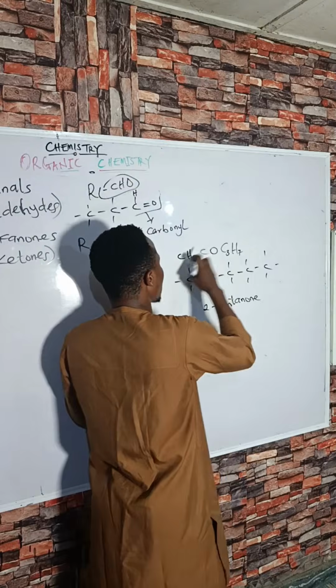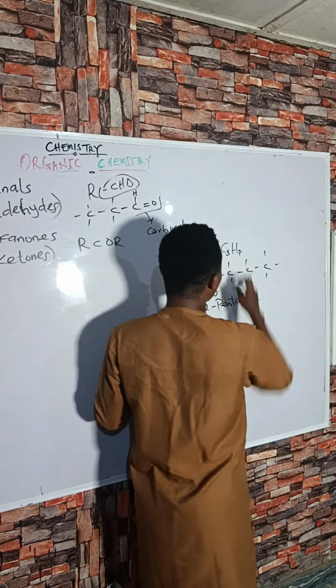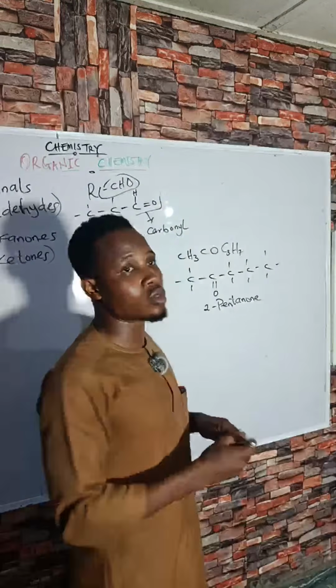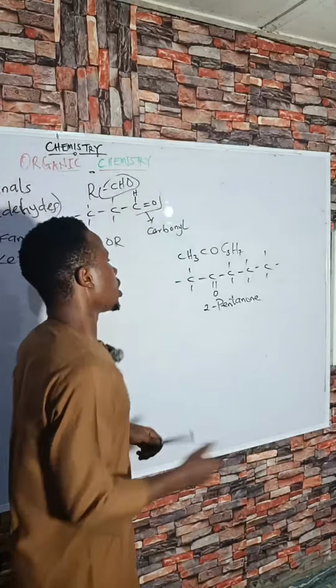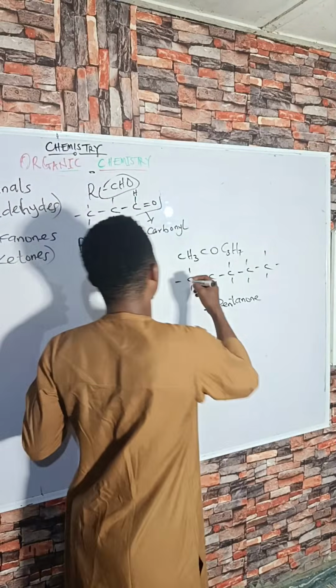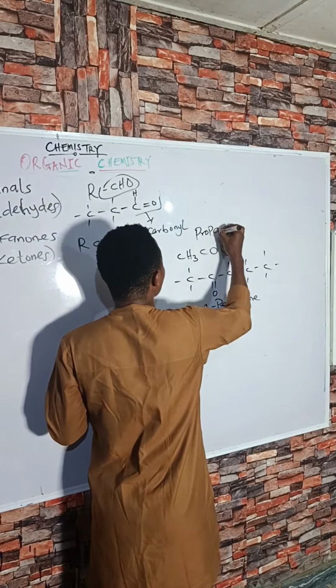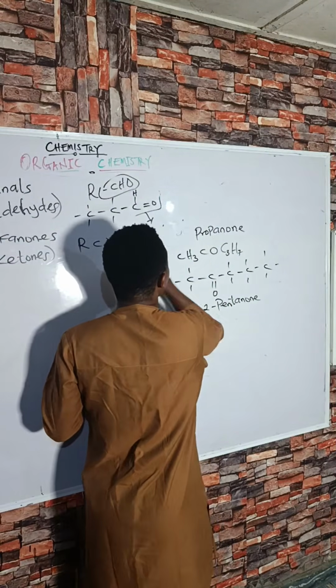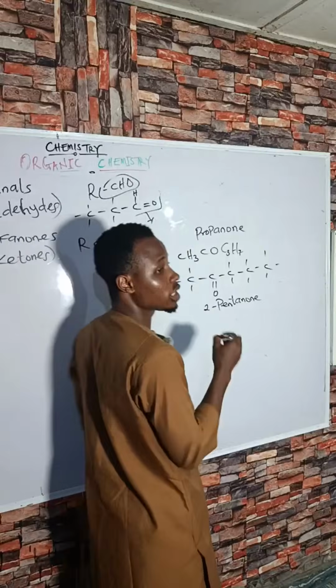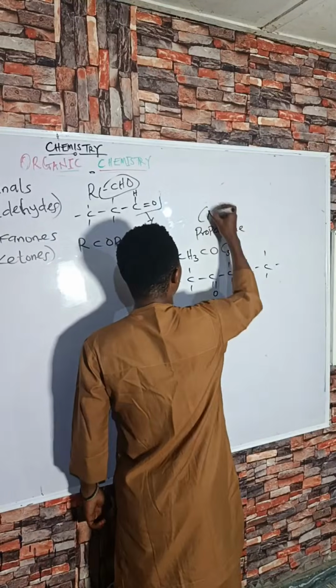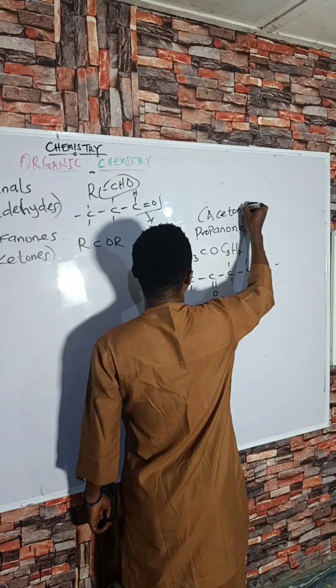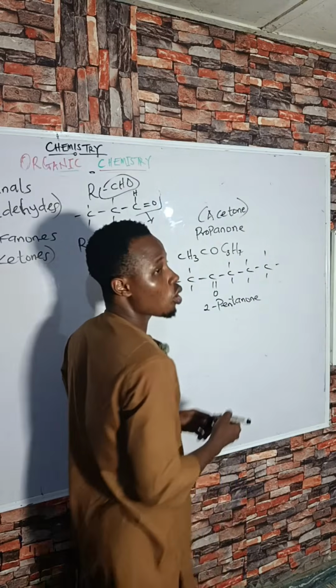So anytime you are saying RCOR, it's an alkanone also called ketone. Now you must take note in your book that the first member of the ketones group is propanone, otherwise called acetone.